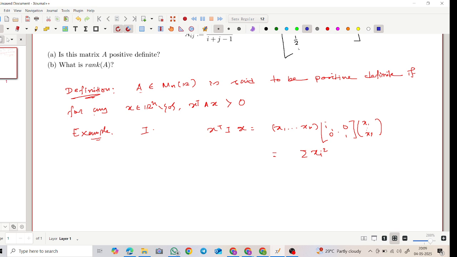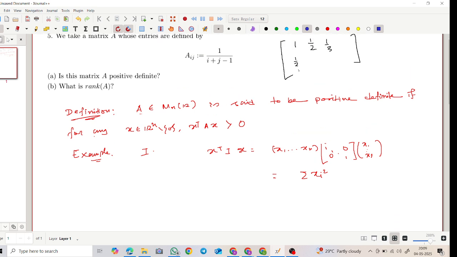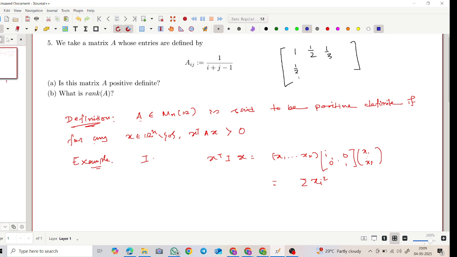This problem once came in NET, and I have seen people approaching this problem in a completely wrong way. First of all, they write down a few matrices, check the rank, and check it. That is not at all the way to look at it.